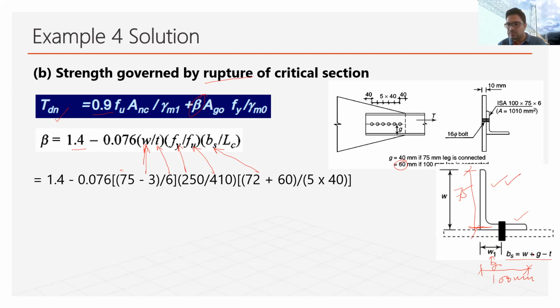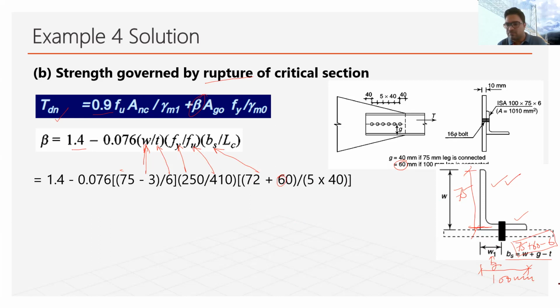Now W is 75, so 75 plus 60 minus G. I think I have not deducted the value here from this side.